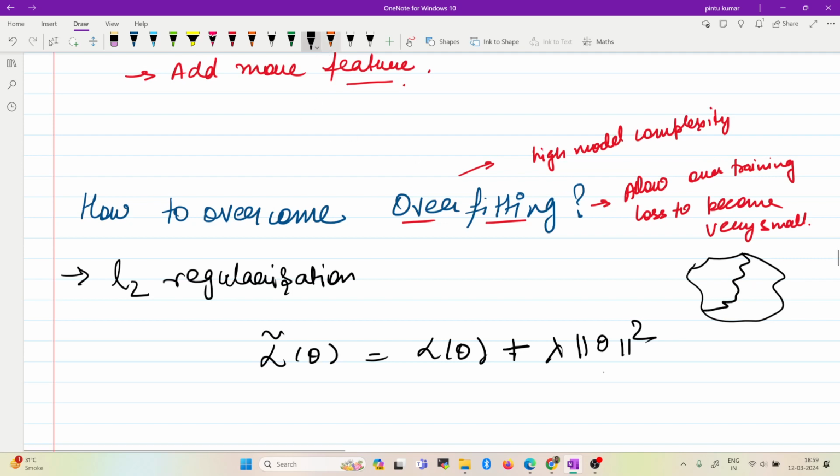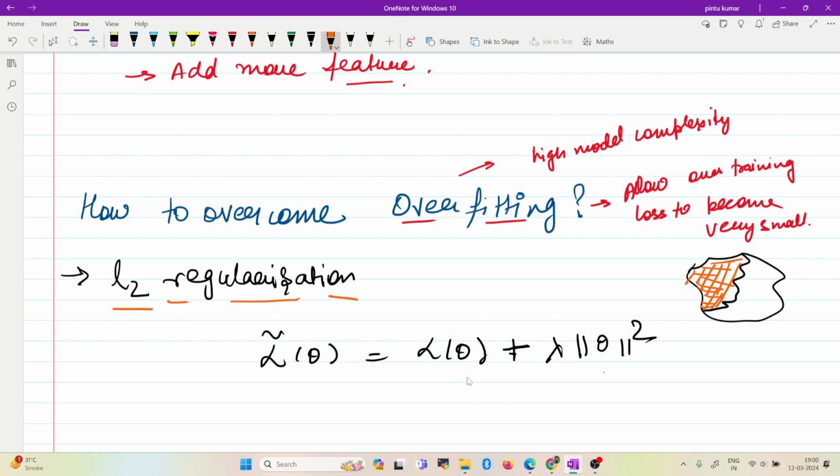This is the idea of regularization that we are going to use for almost all these methods: we are going to reduce the search space. The first method, a very common one that you would have seen in machine learning, is L2 regularization.